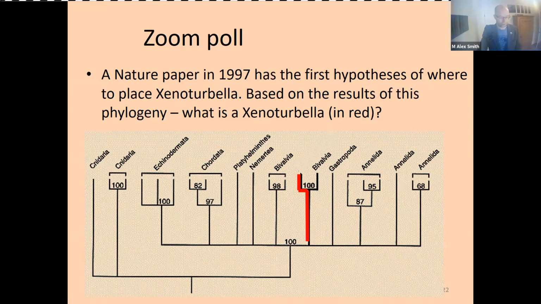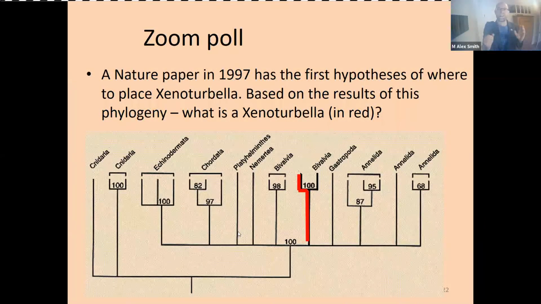And the category that the majority of you thought is actually the conclusion that they made in the paper. These DNA sequences say Xenotrebella is a bilaterian. It's not a deuterostome. It's not sister to the Nephrozoa or the earliest branching bilaterian.